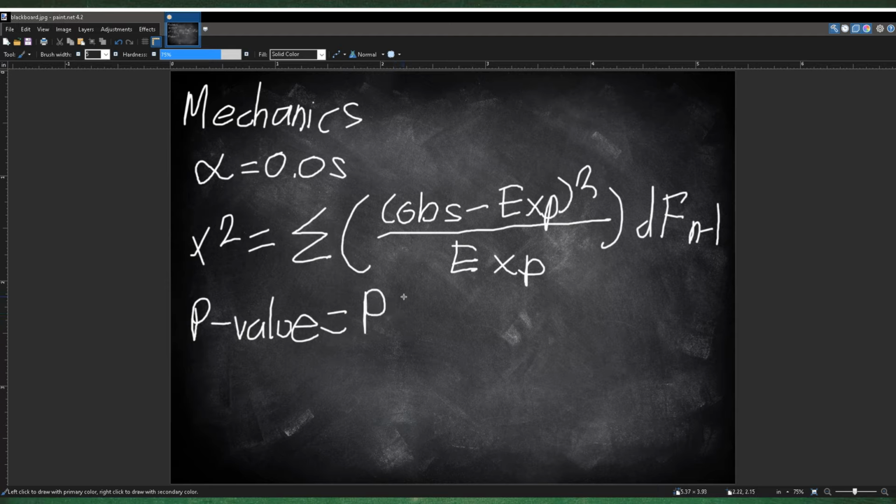So our p-value is the x squared with the degree of freedom of whatever your degree of freedom is, and it's greater than or equal to whatever you get for this number, so x squared, the actual number. Because you actually write this out. I'll show you what you're going to write later in the example, anyways. And that's basically the mechanics.